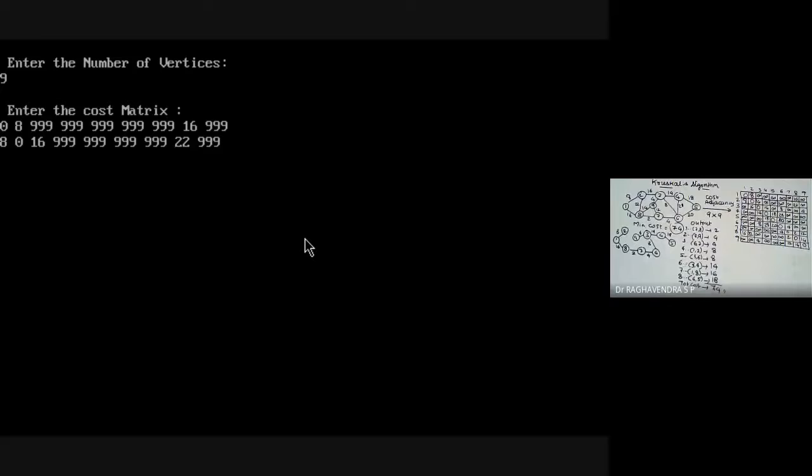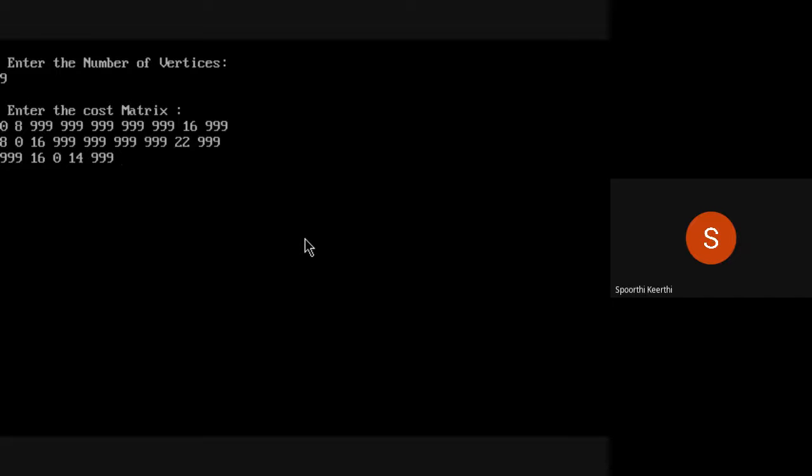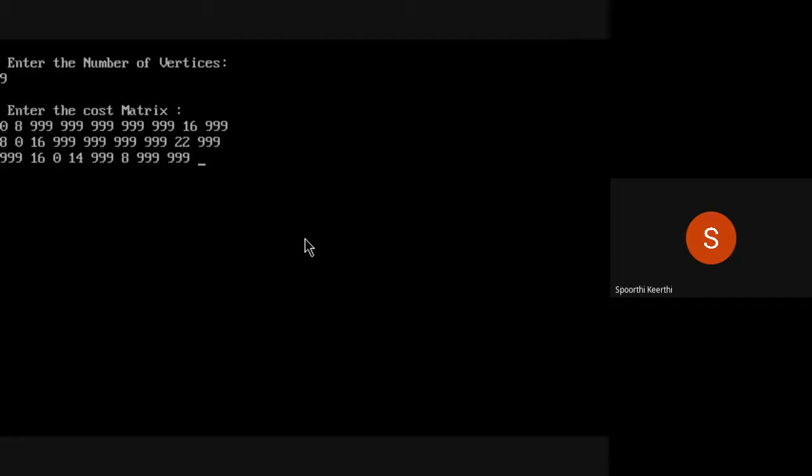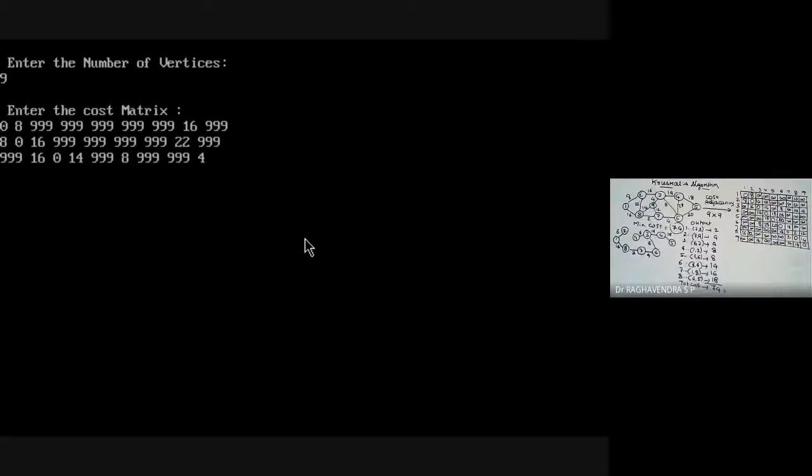Second row is over. Third row: infinity, 16, 0, 14, infinity, 8, infinity, 4. So the third row is over.